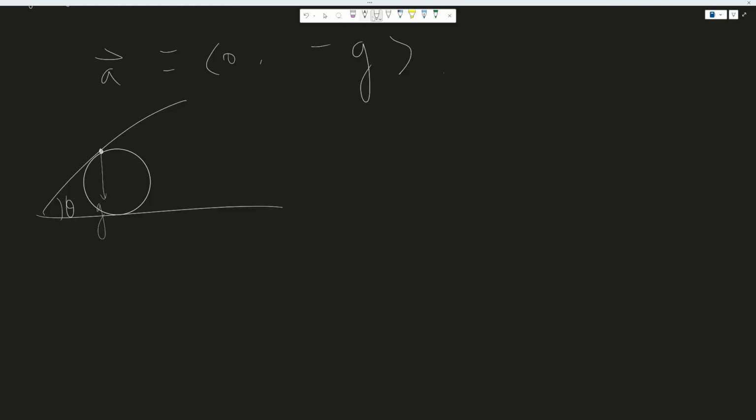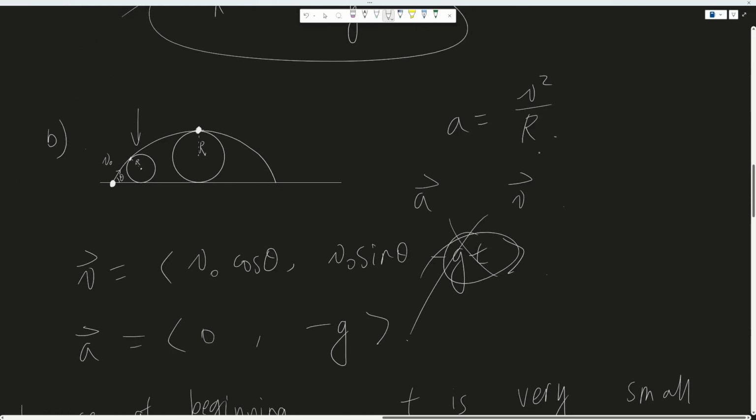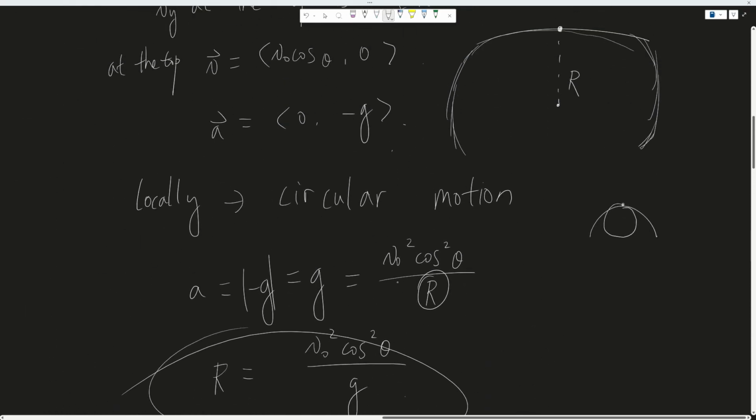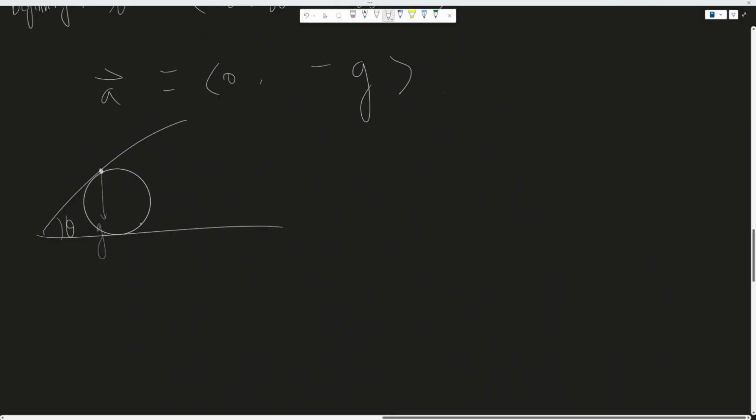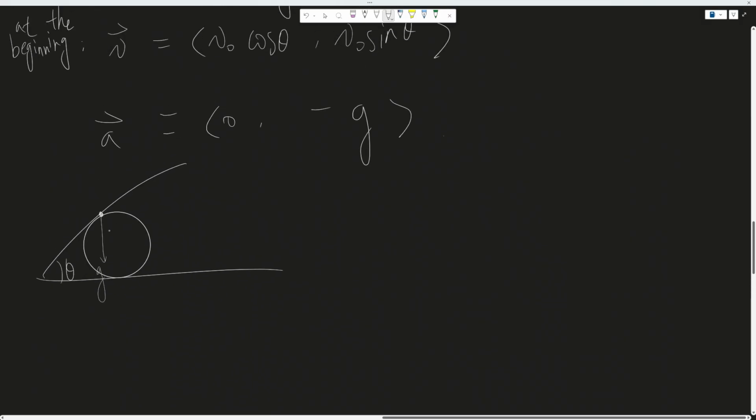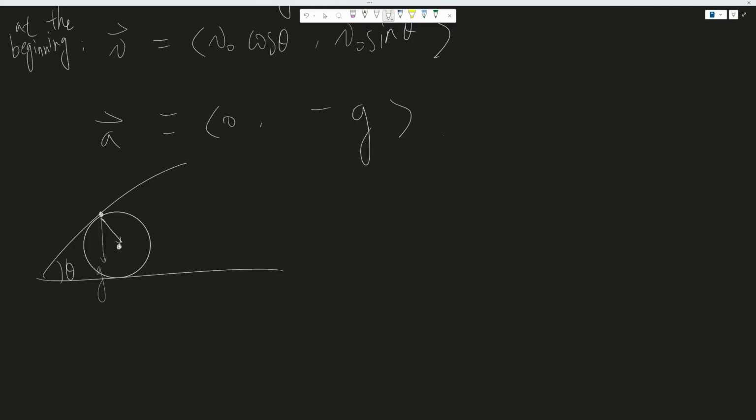So we cannot do it like before, where we just set g equal to v naught squared cosine squared theta over r. So we need to get the radial component of gravity. So let's say if this is the center, we need to get this component of gravity. So how can we do that?